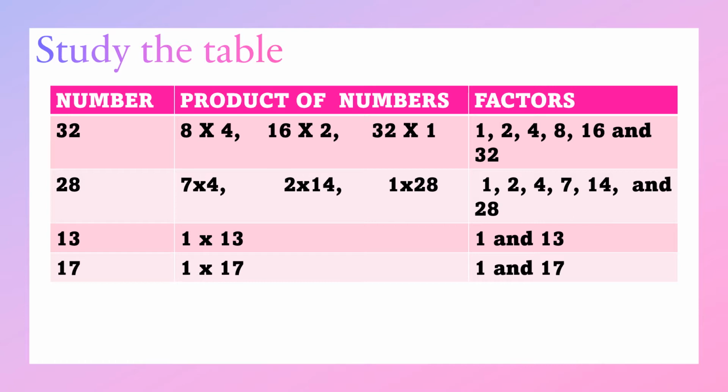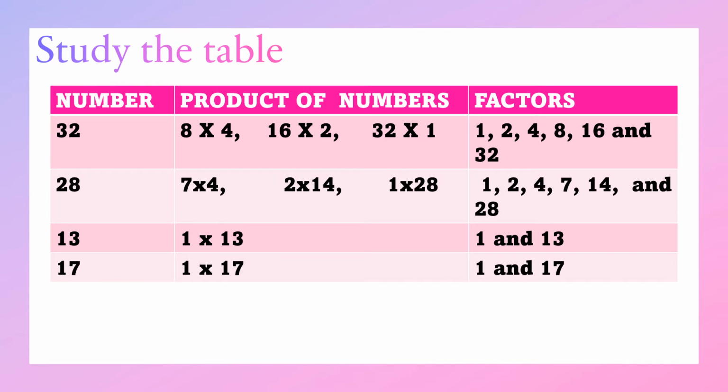So we have 1, 2, 4, 8, 16, and 32. Next is 28. The products of number 28 are 7 times 4, 2 times 14, and 1 times 28. When we combine all the products, they are called factors: 1, 2, 4, 7, 14, and 28.